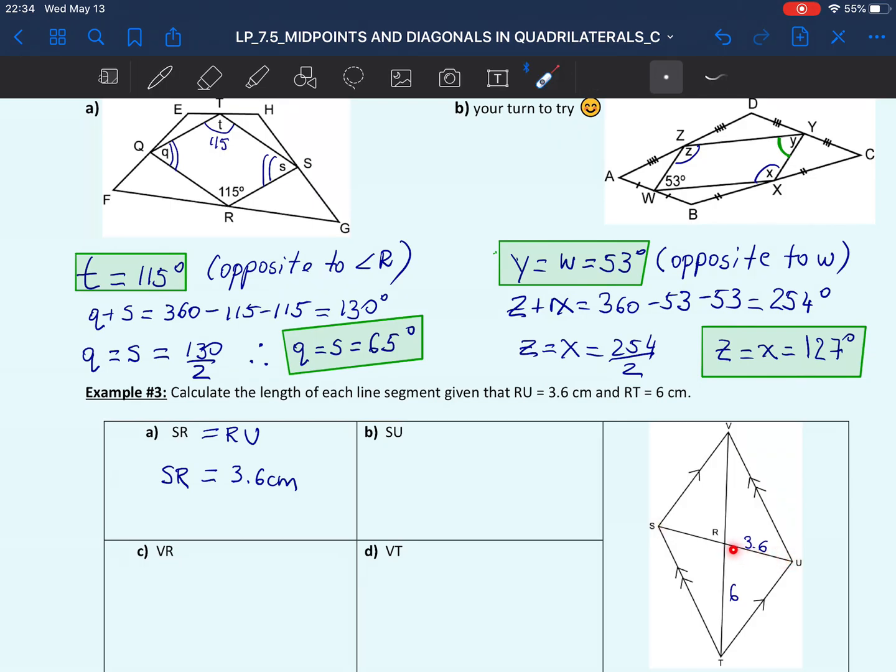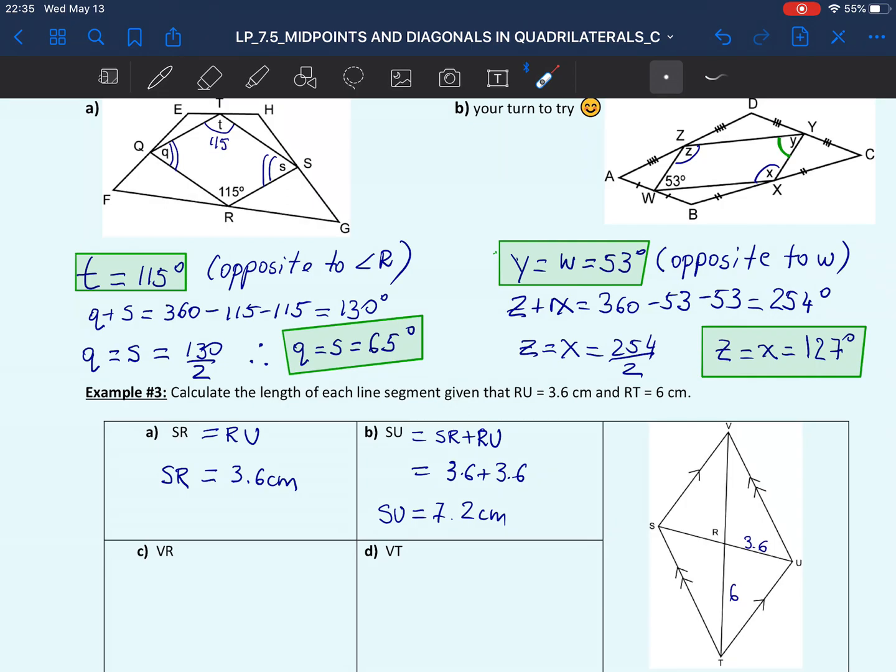So SU is the total length of the diagonal. So that would be SR plus RU. That's one way of finding it. So that's 3.6 plus 3.6. And we'll say that SU equals 7.2 centimeters.